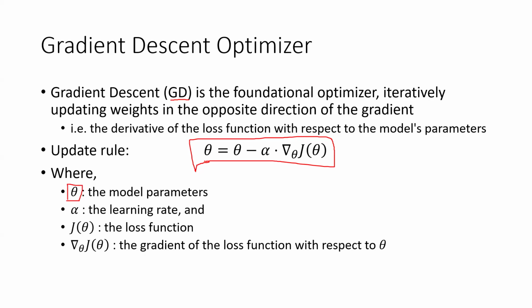This theta is not a single parameter, but all the parameters related to that particular model, or the particular layer, or particular neuron. And these theta values get updated so that the original values are reduced by the gradients. This is the gradient of the cost function.